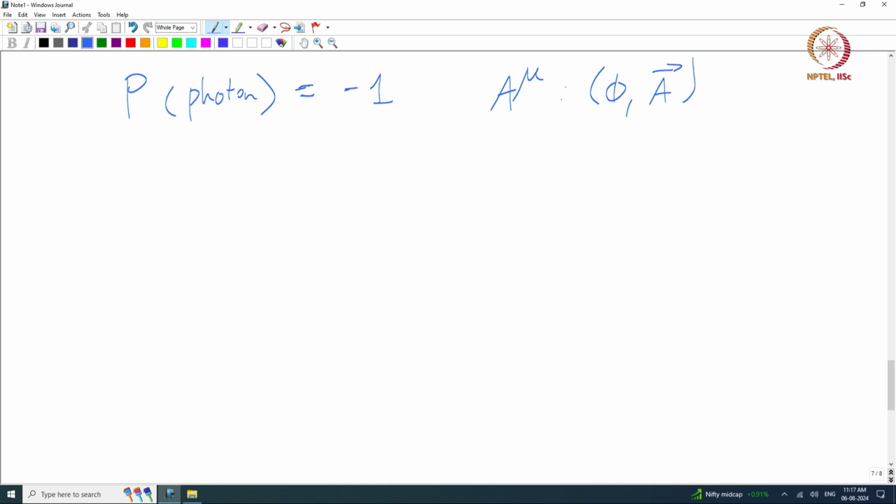Just for completeness, let me write it down. A0 is phi. You had these. And you know that the electric field flips sign.